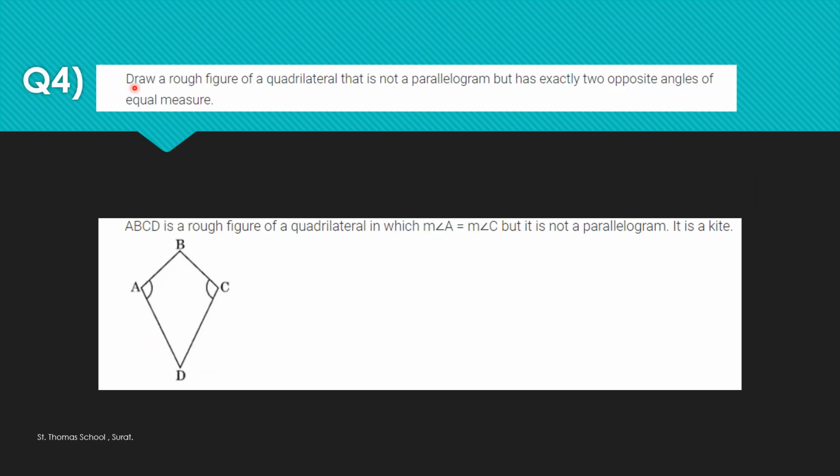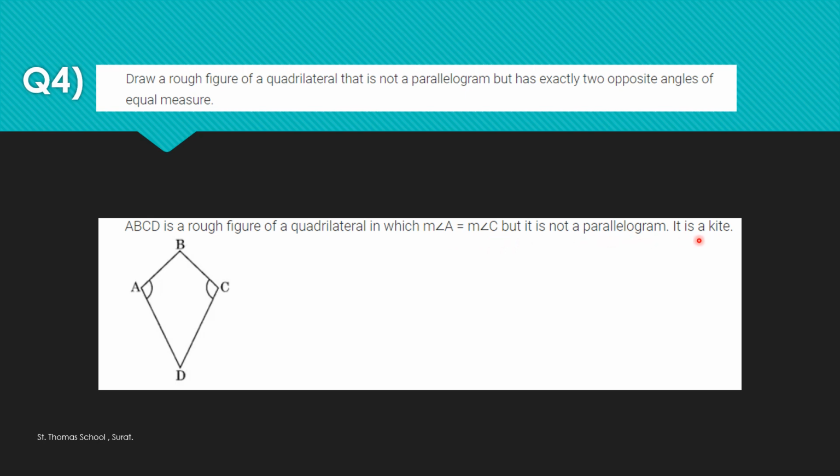Question number 4. Draw a rough figure of a quadrilateral that is not a parallelogram but has exactly two opposite angles of equal measure. So you have to draw a figure. It is not a parallelogram but its two opposite angles are of equal measure. So ABCD is a rough figure of a quadrilateral in which the measure of angle A is equal to the measure of angle C, but it is not a parallelogram.